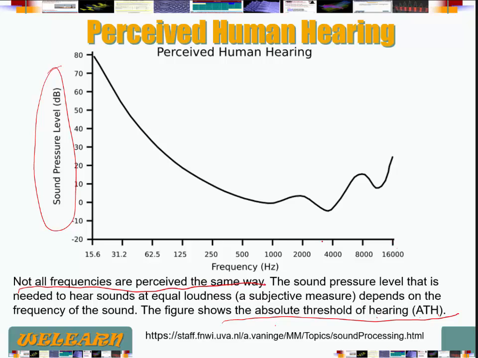And you notice here it's not the same at all frequencies. For example, here at about 4000 Hertz, it's 0 dBs. That's 10 to the minus 12 watt per meter squared.